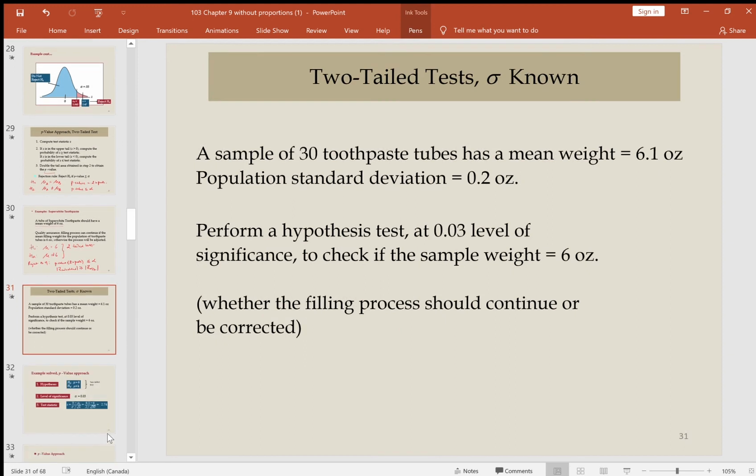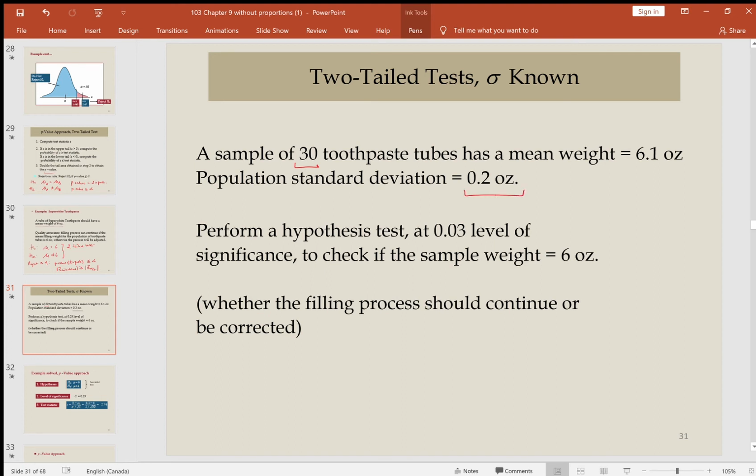So here's the question. A sample of 30 toothpaste tubes was taken, so n is 30. A sample of 30 toothpaste tubes has a mean weight of 6.1 ounces. Population standard deviation is 0.2 ounces.